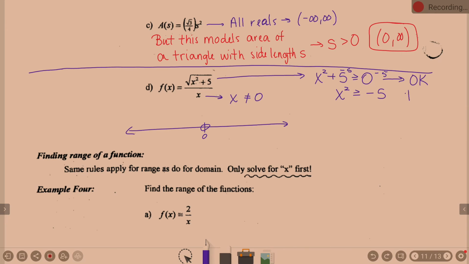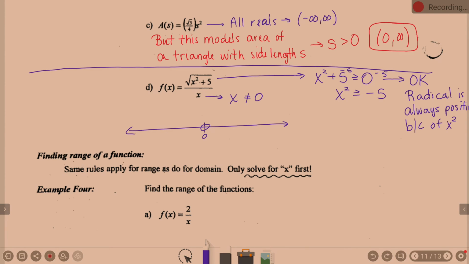There we go. Radical is always positive. Okay, pretend I wrote positive. And it's always positive because of the x squared. Because you square an x, it's going to make it positive. You know, we'd have to think slightly different if we were subtracting 5 off, but we're adding 5, so it's all good.